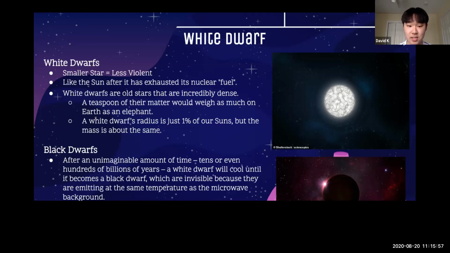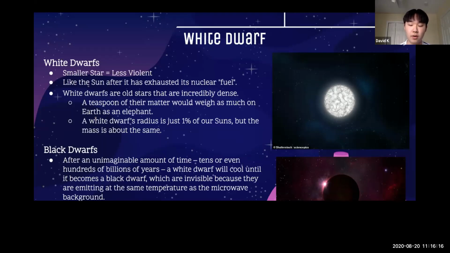A white dwarf's radius is around 1% of our sun's, but the mass is the same. So it's all of that mass that the sun has condensed into 1%, which is very, very small, making it very, very dense as well.